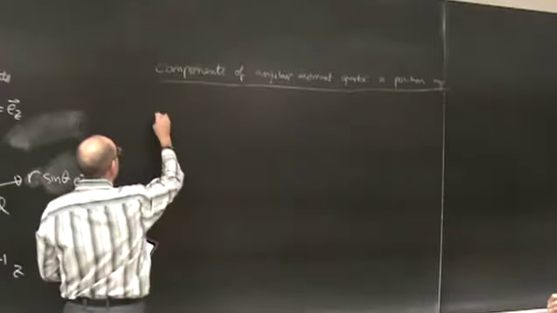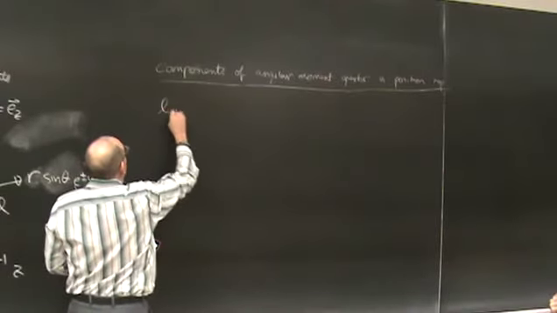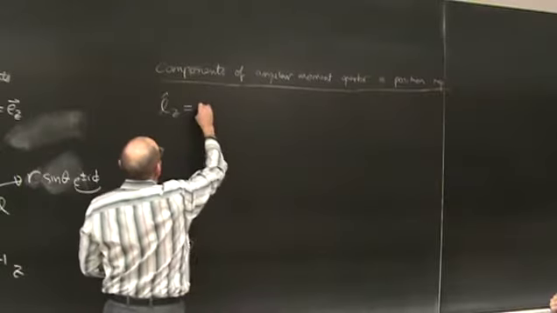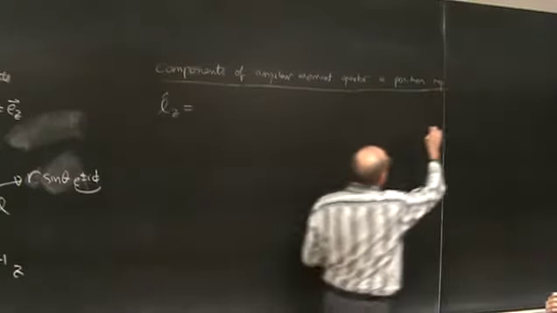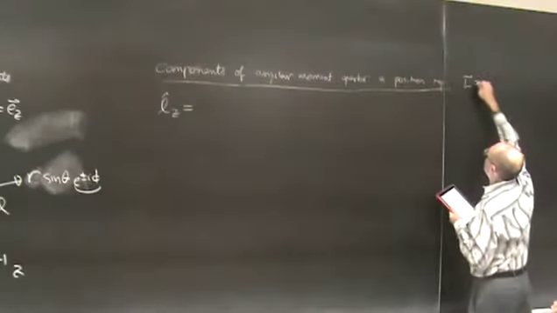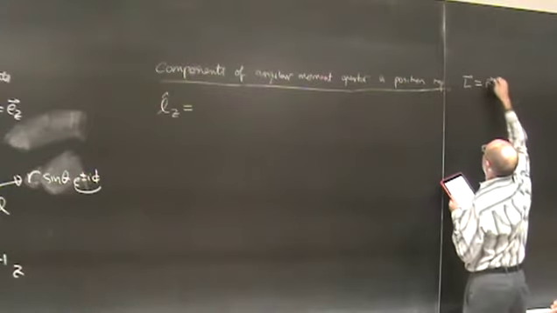Right? So, well, Lz is, remember, what we're talking about here is orbital angular momentum. L is r cross p.